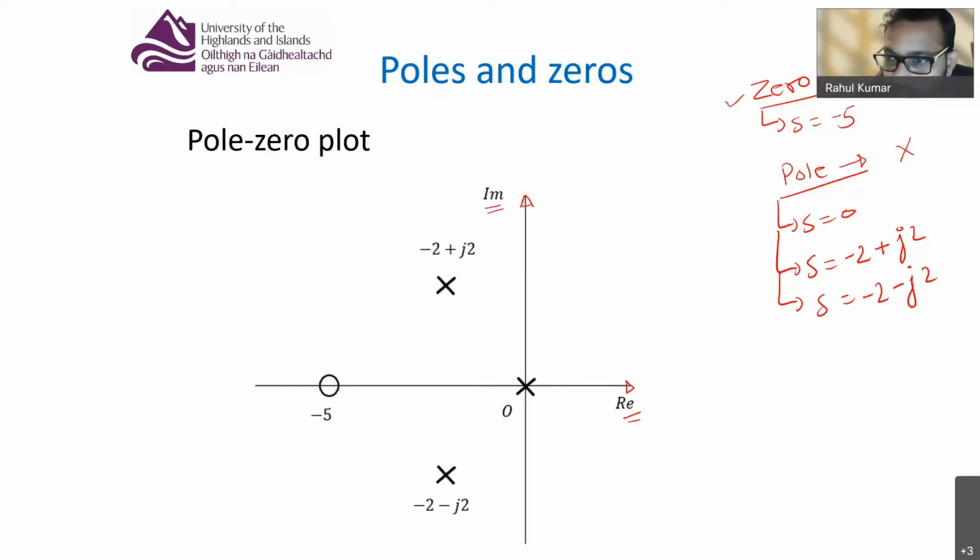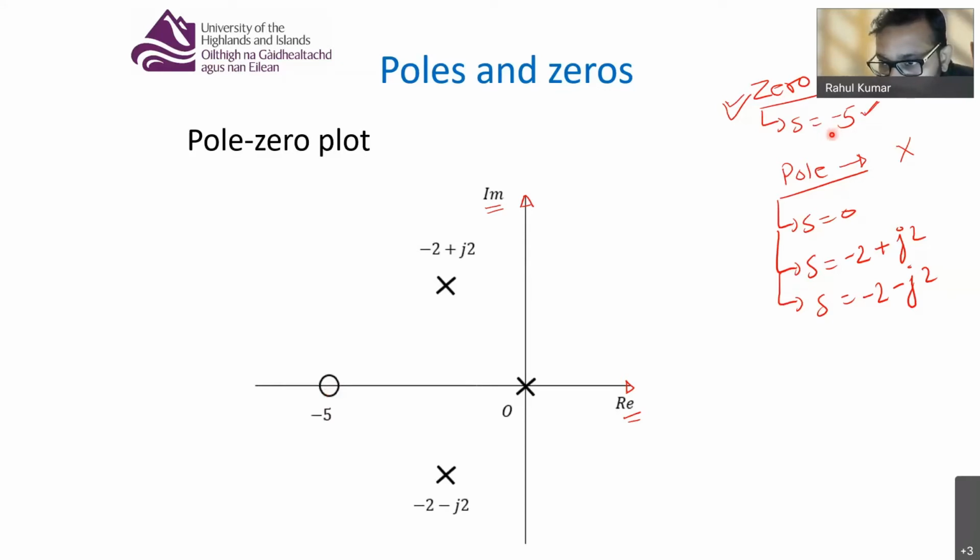So let's plot zeros first. One of the zeros was at minus 5. So this is my origin of the plot, and let's say minus 5 is somewhere here. So I've put a circle at minus 5, representing my zero.